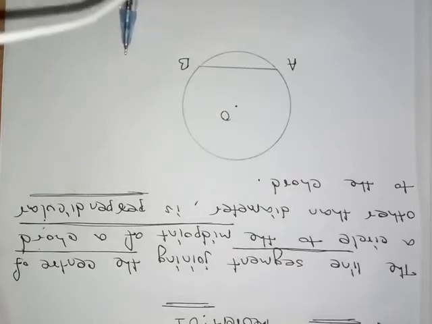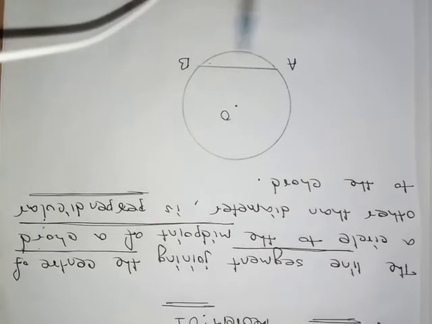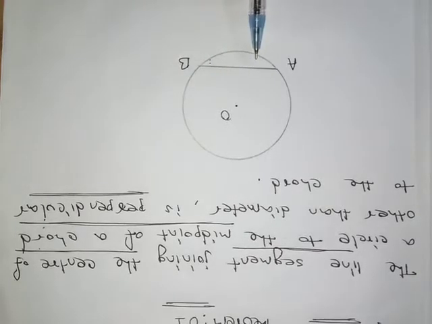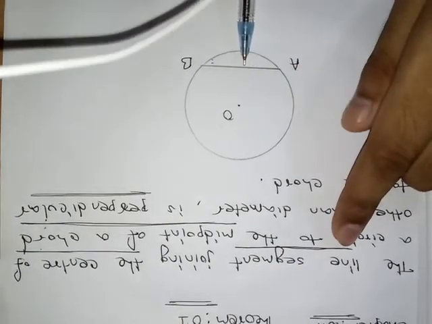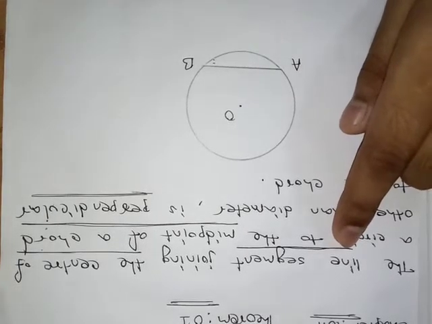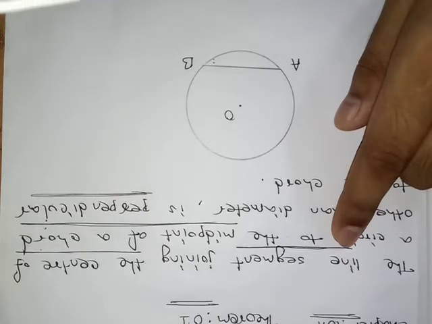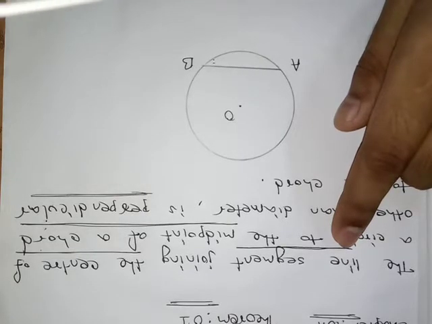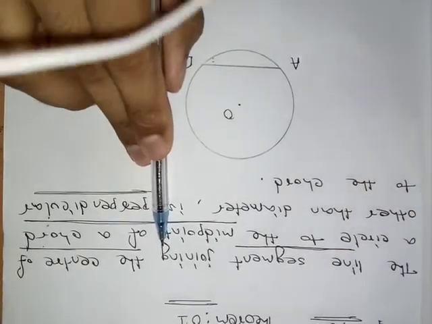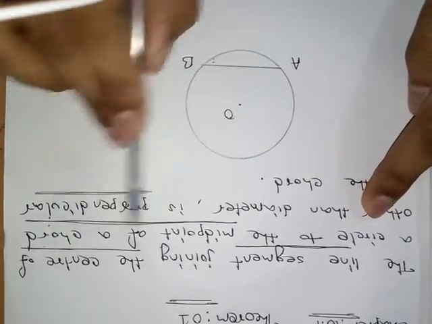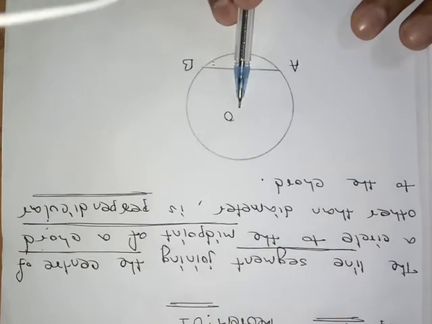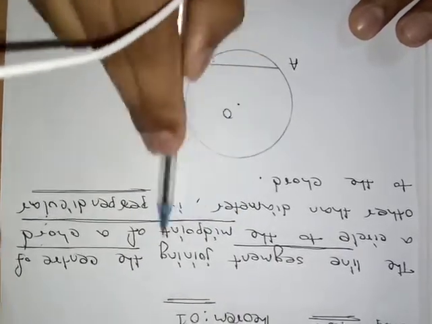Now we have to take the midpoint of the chord AB, because the line segment stated in the statement is the line segment joining the 2 points. One is the center of the circle and another is the midpoint of the chord. So we have the center. Now we have to find the midpoint of the chord.